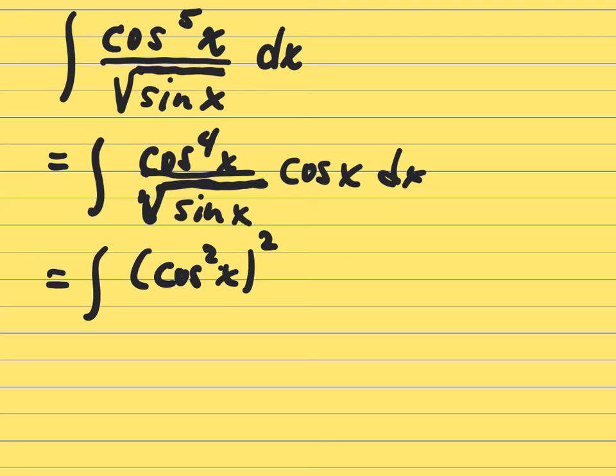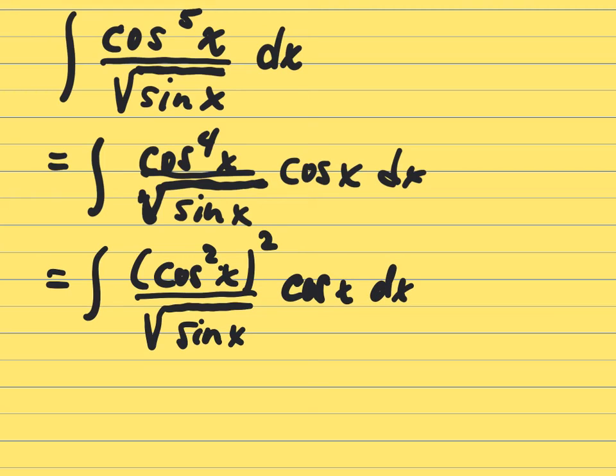Property of exponents. Okay, so now you can see the cosine x dx on the end. If we let sine x be our substitute, its derivative is just by default and definition cosine x dx.